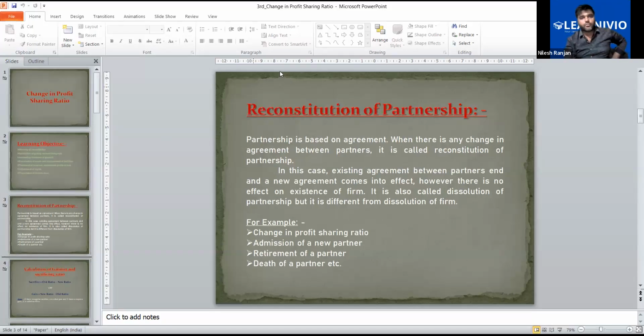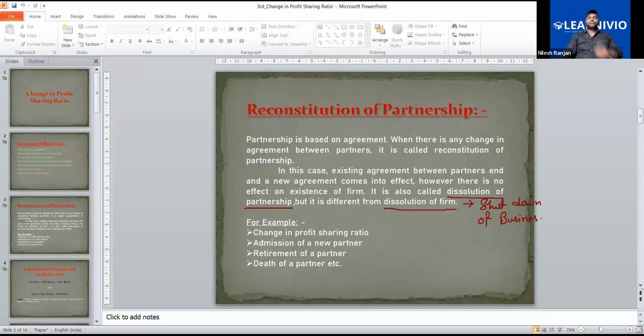First of all, dissolution of firm, from which it is different, means shutdown of the business. Shutdown of business or partnership firm. So this is dissolution of firm, but we are talking about reconstitution of partnership or dissolution of partnership.